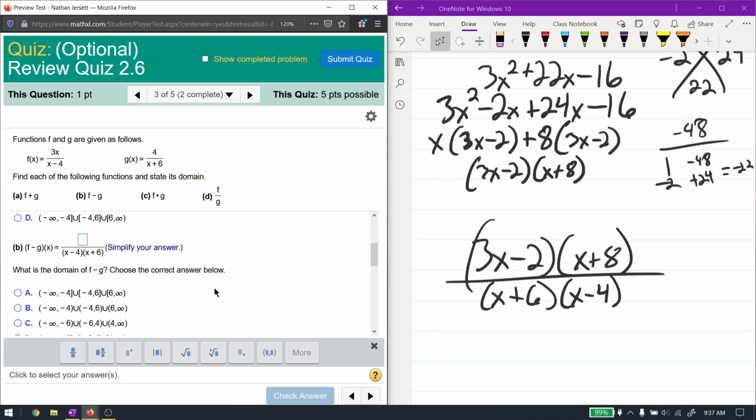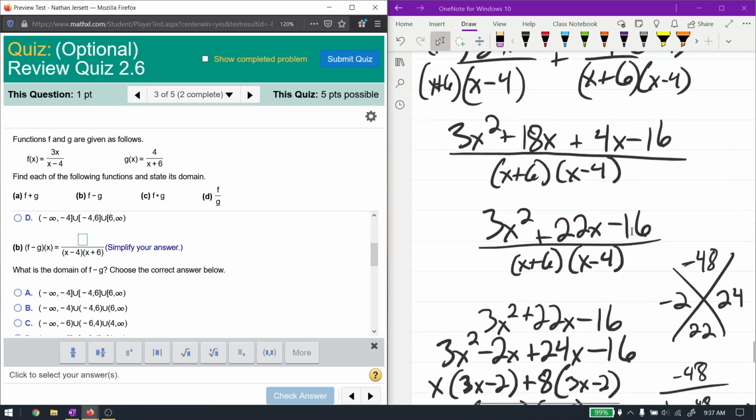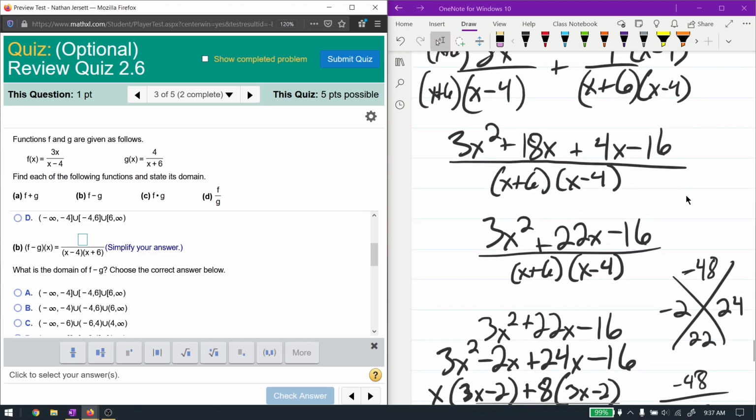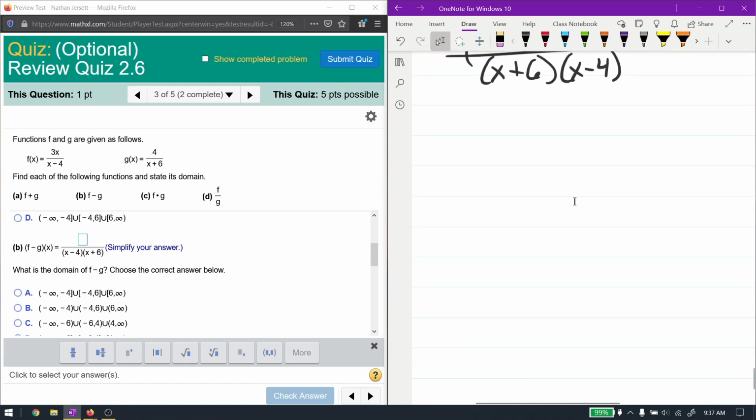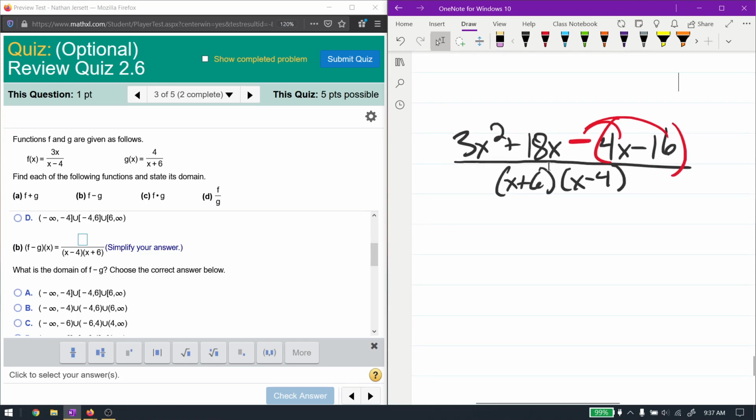All right. The next one is the same thing except subtraction. So let's look back up here. All it's going to change is at this point right here, we're going to get a minus, and that's going to distribute into these two things. So let me just copy this down. And let's go from here.